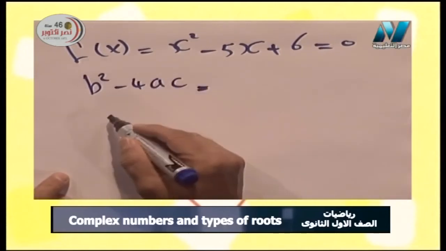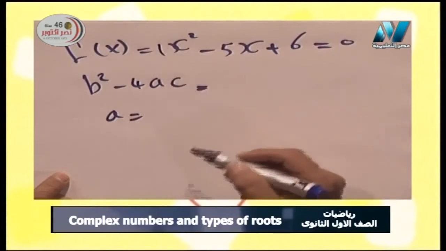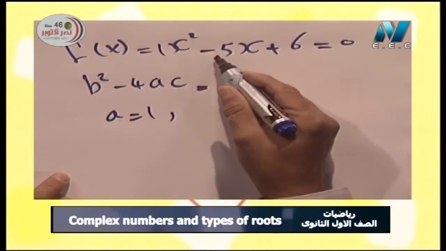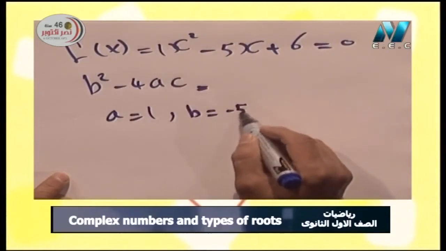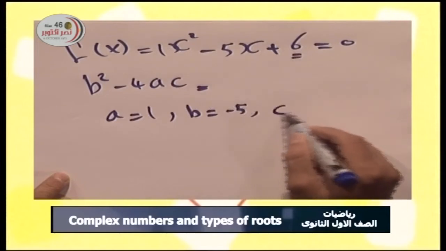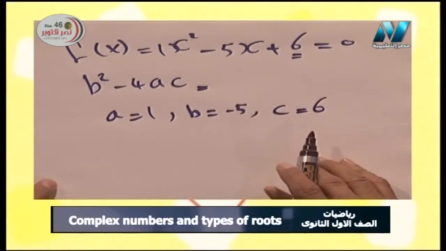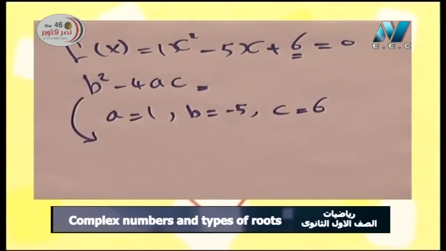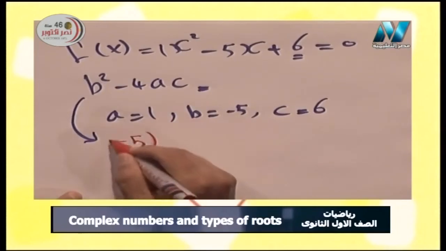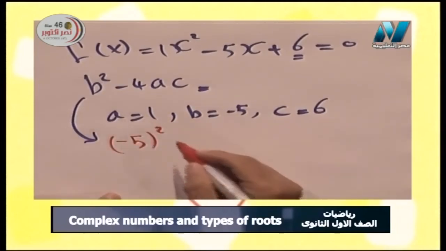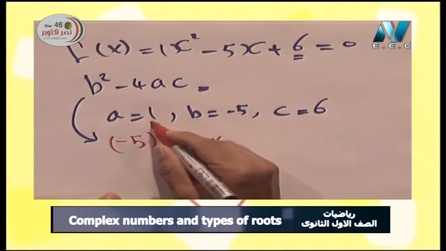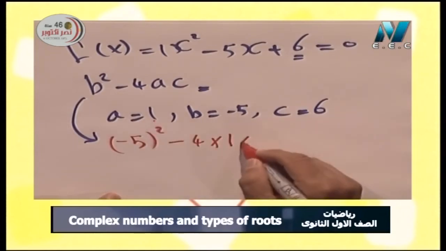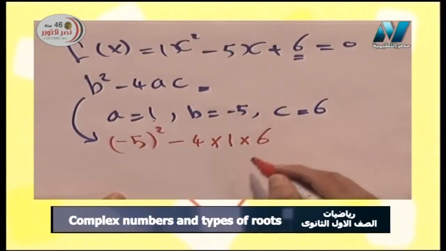What is a here? a is 1, b is negative 5, and c is equal to 6. When we substitute here, we put negative 5 instead of b, so negative 5 squared, minus 4 multiplied by 1, which is a, multiplied by c, which is 6.